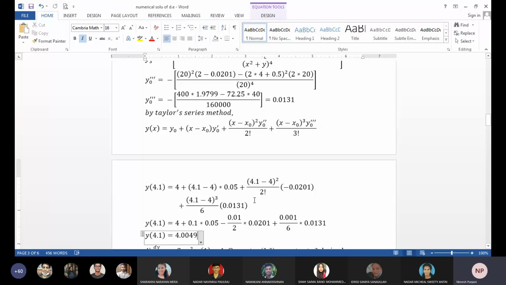So now we go for y of 4.2. What do we do for y of 4.2? You will take your x as 4.2. The rest you will keep as it is.